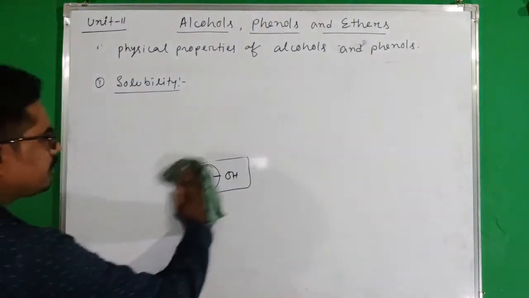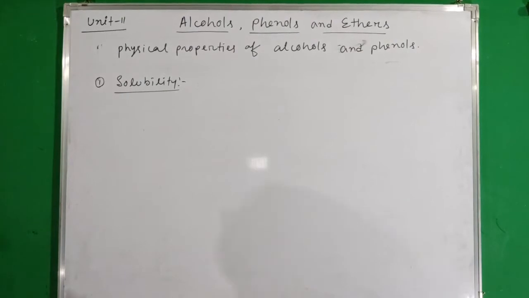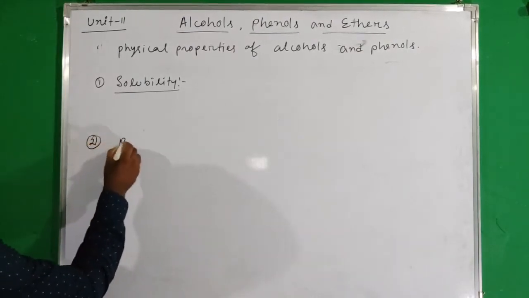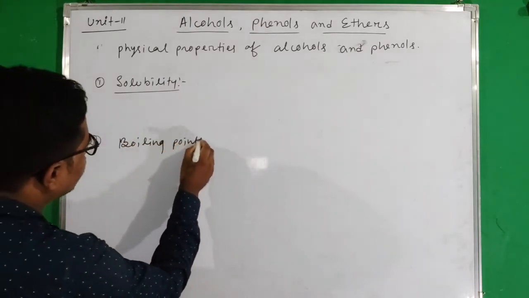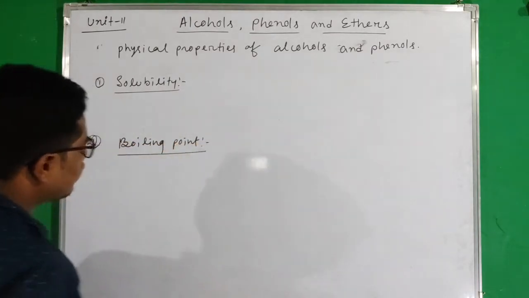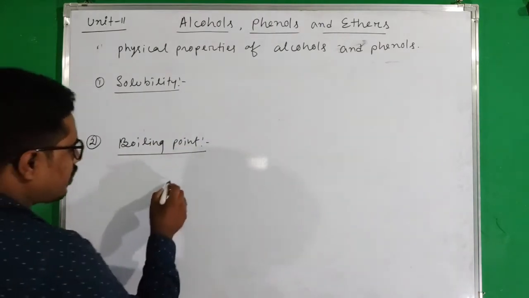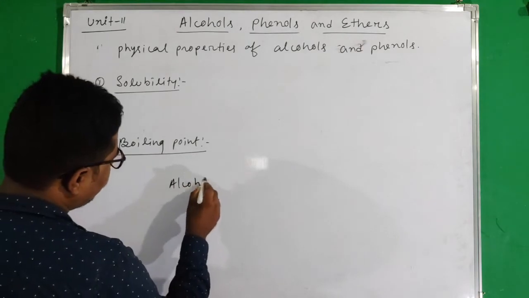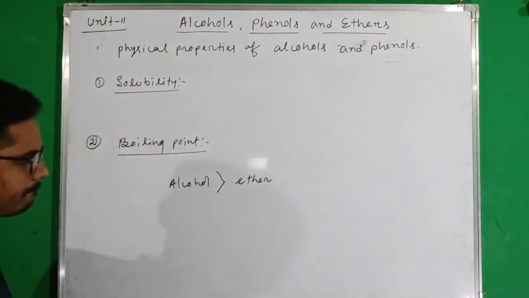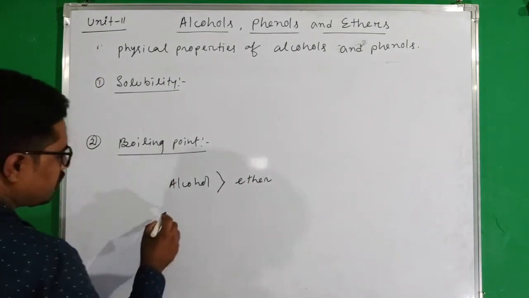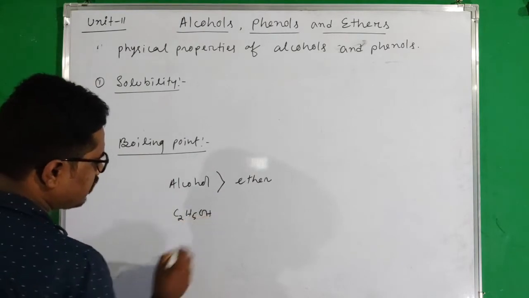And after that we discuss number 2, that is boiling point. The boiling point of an alcohol is always higher than that of an ether of the same molecular mass. Suppose we consider C2H5OH, ethanol.